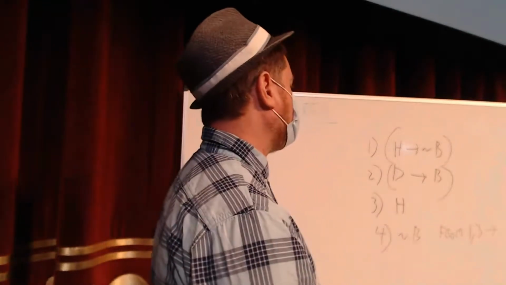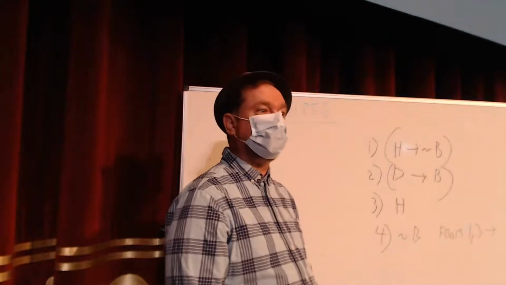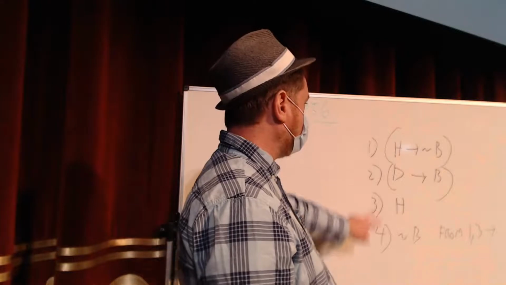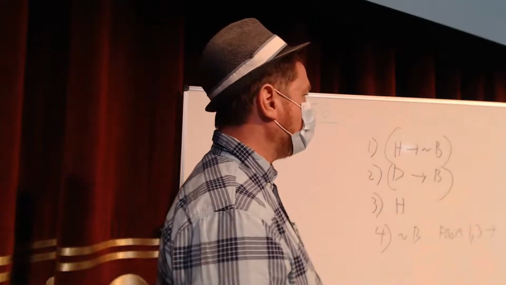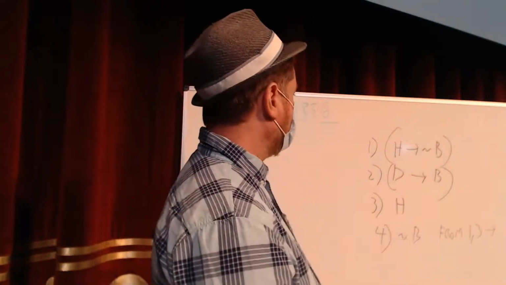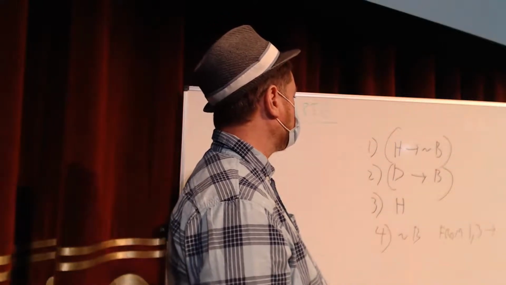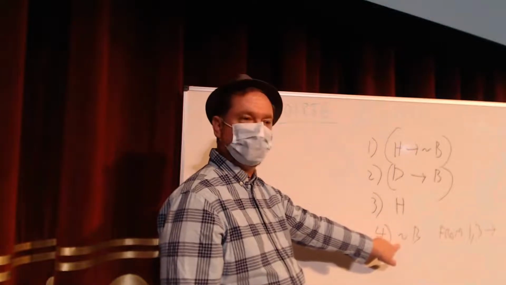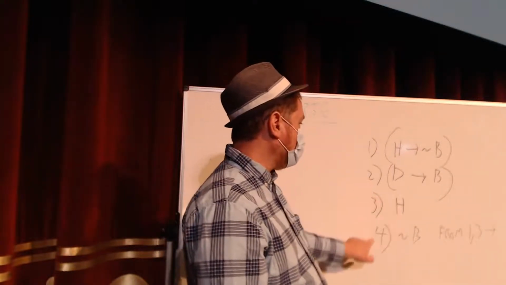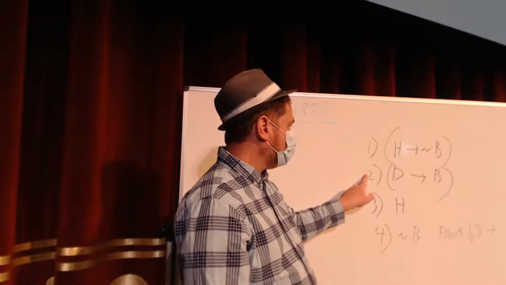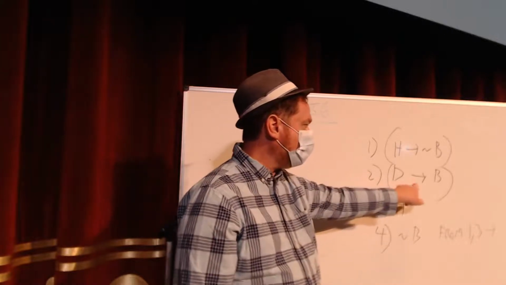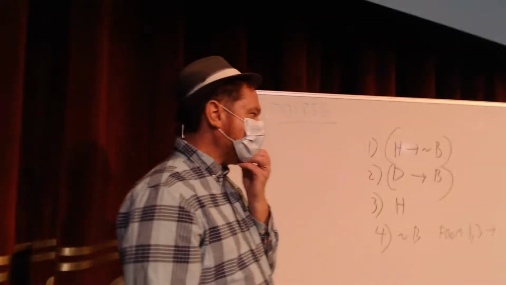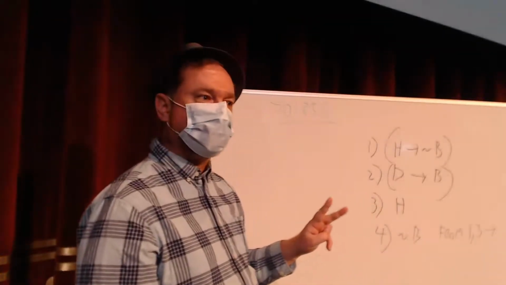So then I have to do it again, and I have to start all over. I have to look through everything systematically and say, do I have anything I can use an S rule with? Answer still no. Do I have anything now that I can use an I rule with, especially taking into account that I now have something new to use, the not B? And what I look at is statement 2 says, if D, then B. 4 says not B. And if I remember, I have 2 arrow rules.